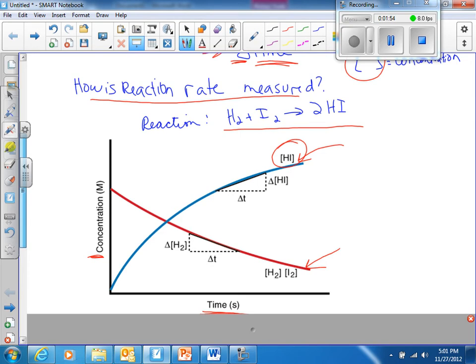Notice the H2 and the I2 are decreasing over time because they're reactants. Reactants go down. The product, on the other hand, is increasing over time because products are produced.